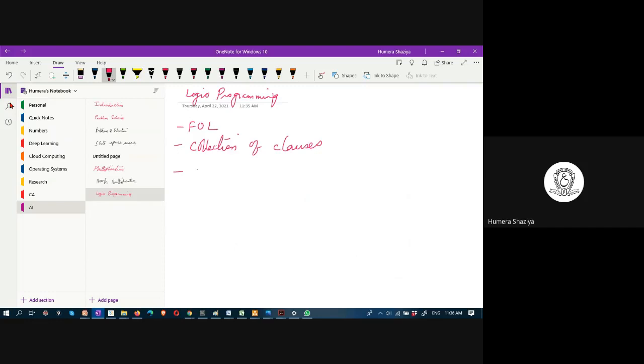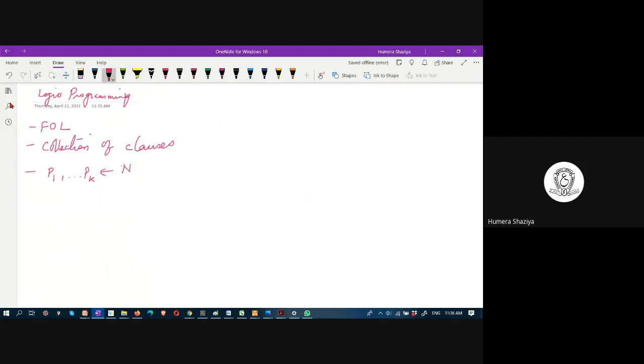A clause is written in the form P1 up to Pk, back arrow, N1 up to Nt, where Pi, i greater or equal to 1 and less than or equal to k, are positive literals, and Nj, j greater or equal to 1 and less than or equal to t, are negative literals.